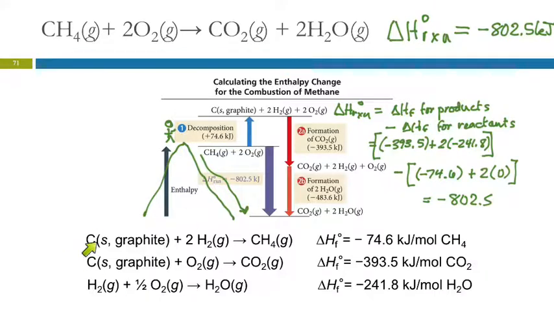You can also take these formation equations and add them together and do things to the delta H's and come up with the same result. You're going to have to turn this one in reverse so that you've got CH4 as a reactant.